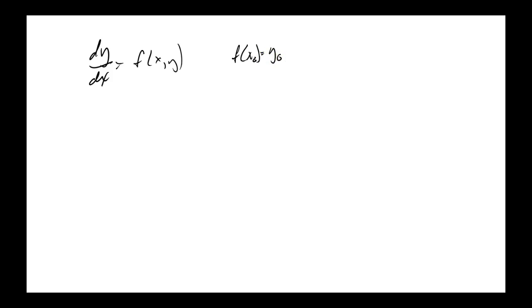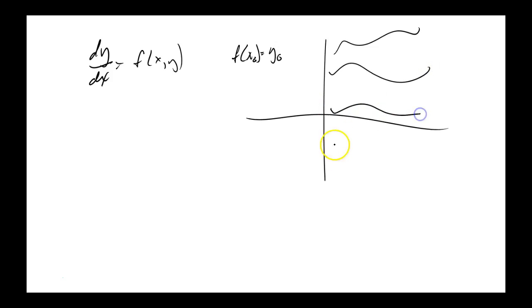Just some value there. What that means geometrically is that you have a family of solutions. You have some solution here, some solution there. Each one of those is a different value of the parameter.